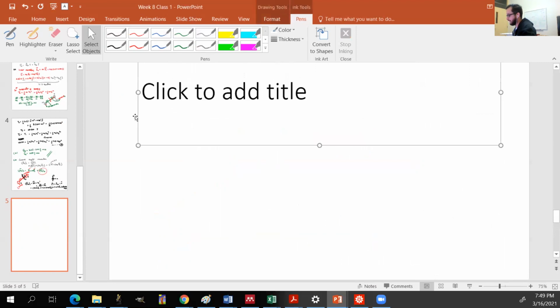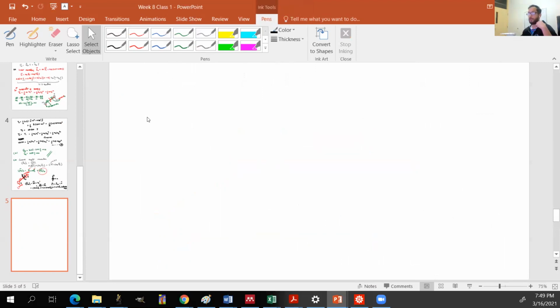Writing everything in the K hat direction, and plugging everything in, with ER crossed with E theta equal to K hat, I just pulled the K hat out.